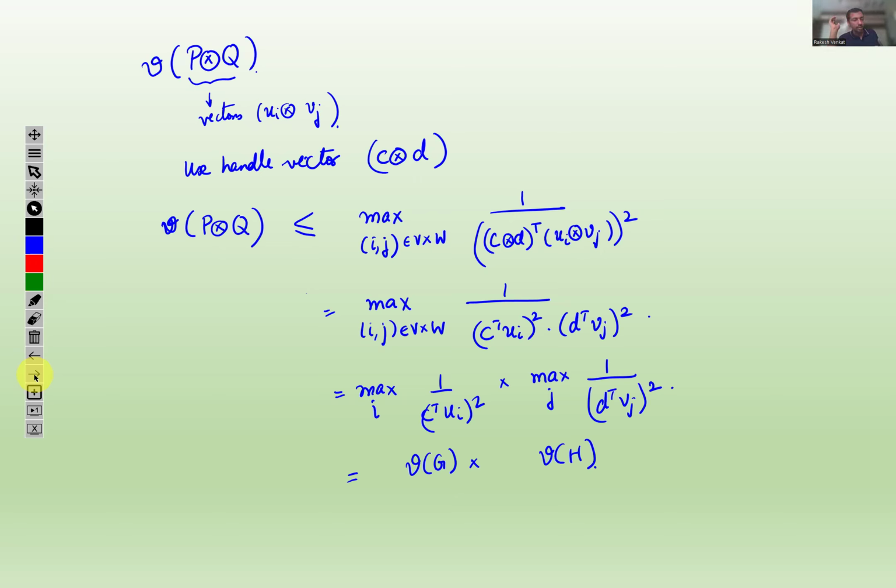You can actually go one step further and show that the theta function is exactly multiplicative, not sub-multiplicative like over here. That requires a proof. Given any orthonormal representation of G tensor H, can you figure out orthonormal representations for G and H? That's one way to go about it. There are other ways also, which we will maybe discuss later.